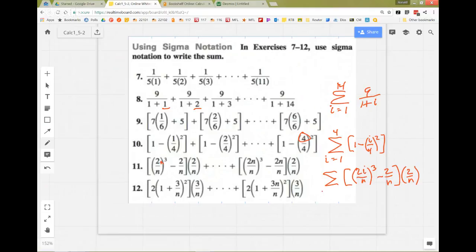And I starts at 1. That's n equals 1 right there in the beginning. And it goes up to, well, in this case, it's indefinite. It just goes to n.